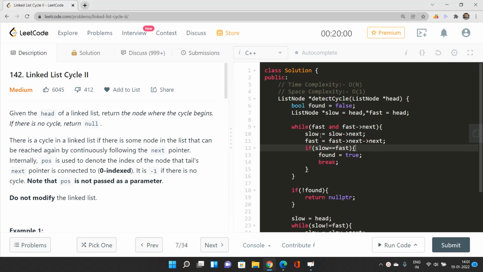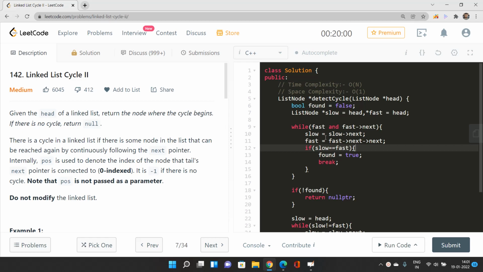And if there exists a cycle in this linked list, then the slow and fast pointers will move inside this cycle, and their distance of separation will always decrease. In that case, the slow pointer must meet the fast pointer at some node present in this cycle.